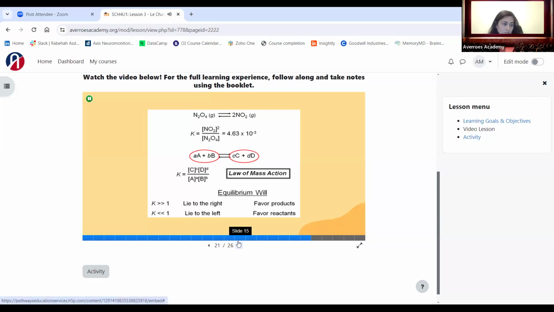A very large K value means that the reaction is favoring the products, and a very small K value means the reaction is favoring the reactants.